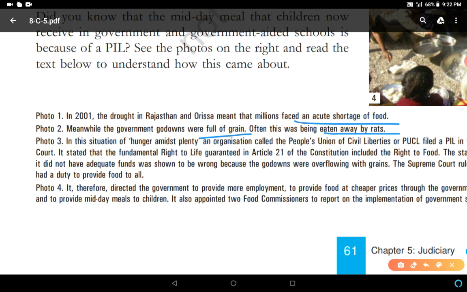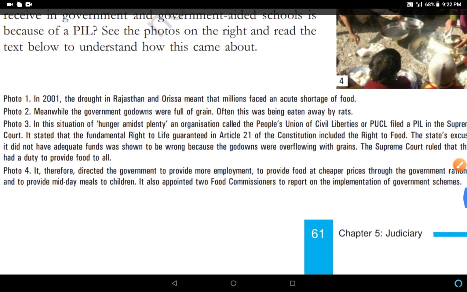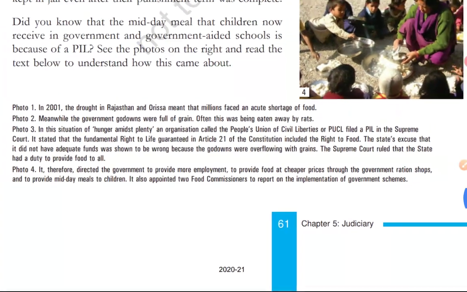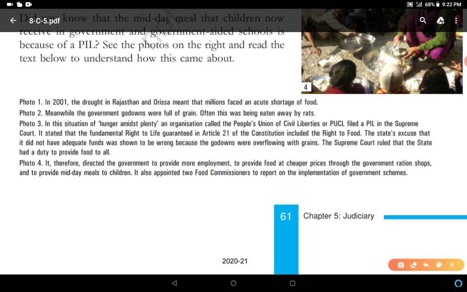Photo 3, in this situation of hunger amidst plenty, an organization called the People's Union for Civil Liberties, or PUCL, filed a PIL in the Supreme Court, and it stated that the fundamental right to life guaranteed in Article 21 of the Constitution included the right to food. You have to remember this, dear students.